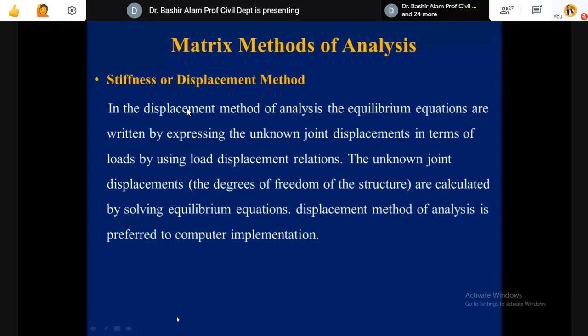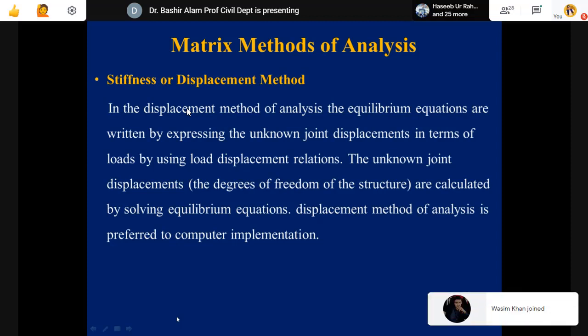Now, very slowly I'll explain, and you just try to get it. In compatibility, what we did, we removed the redundant action, and once we removed the redundant action, we got a displacement there, which was not there initially. That displacement was causing the compatibility issue.